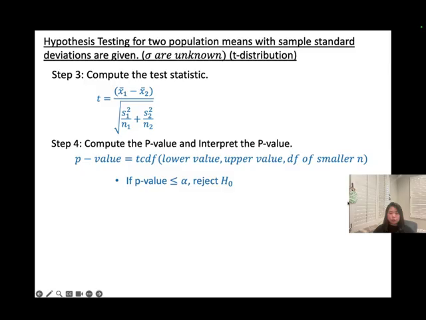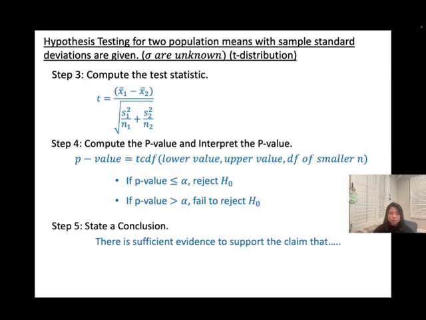Same idea: when the p-value is less than or equal to the significance level, we reject. Greater than, that will be fail to reject. Last step, state the conclusion. If you reject the null hypothesis, then you're going to say there is sufficient evidence to support the alternate hypothesis.